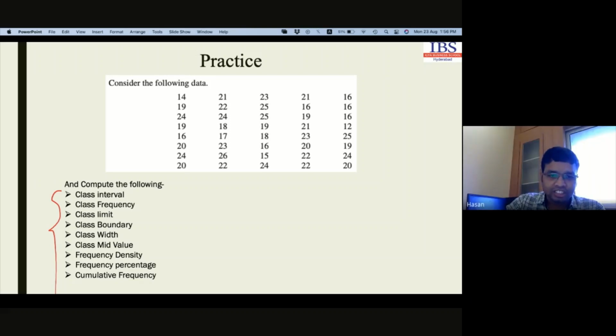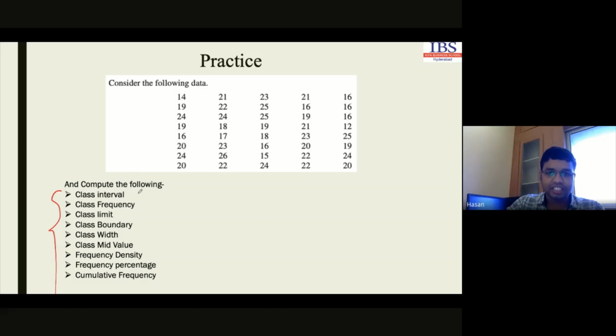So we have already discussed the class interval. Class interval is the difference between the upper class boundary and the lower class boundary. Class frequency is the number of observations per class. Class limit is the upper and lower end of the class interval. Class boundary: the lower class boundary is the lower class limit minus half d, where d is the distance between two classes, and the upper class boundary is the upper class limit plus half d.